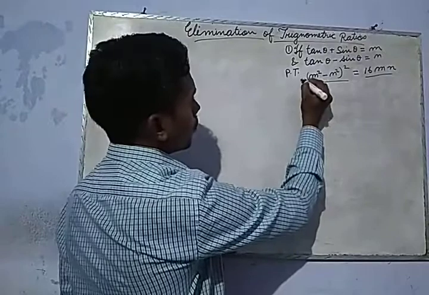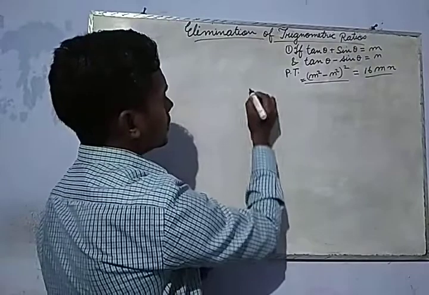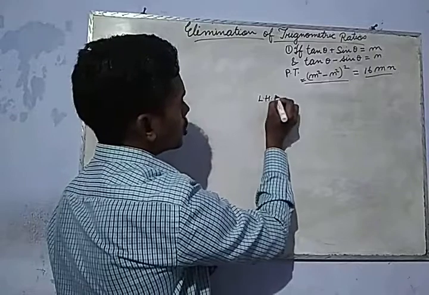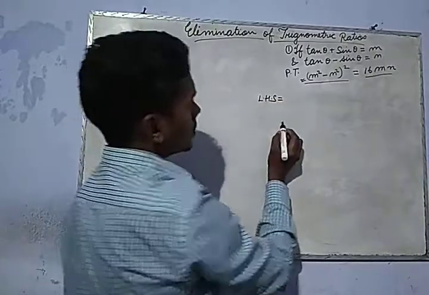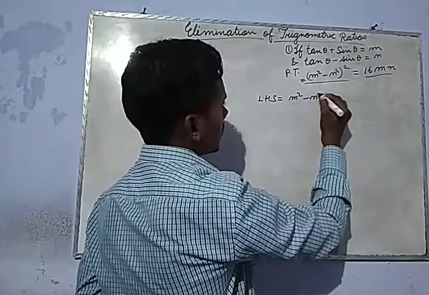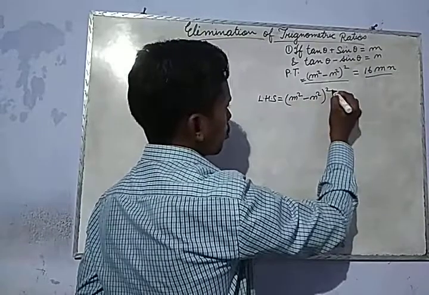First of all, we will take the left hand side. LHS equals m square minus n square whole square.